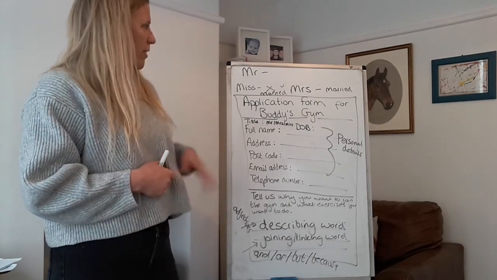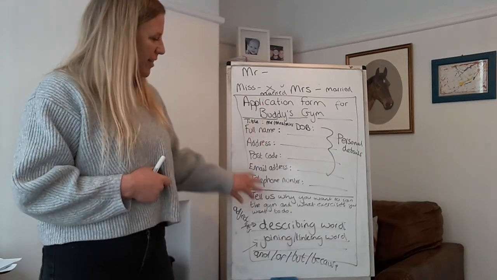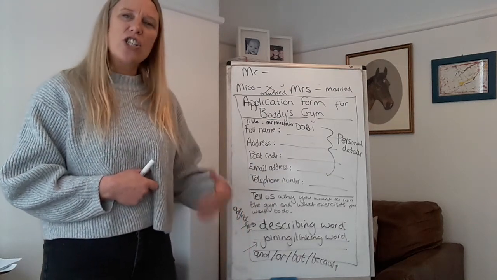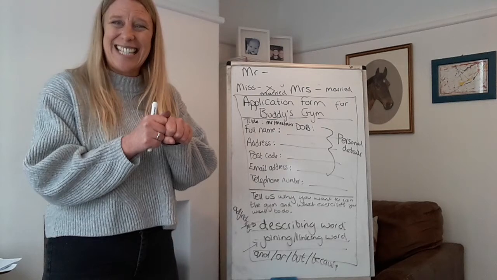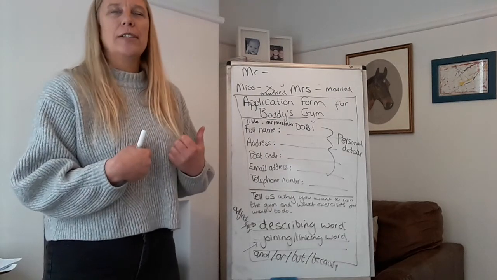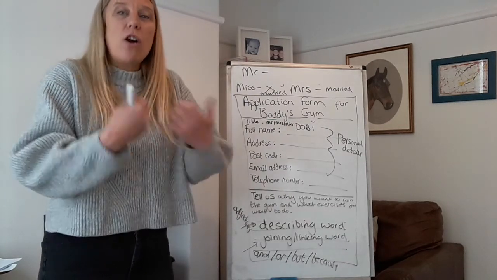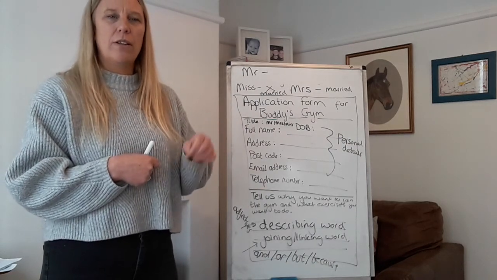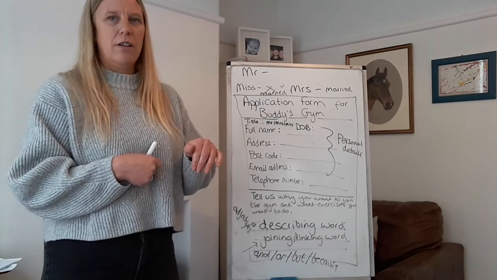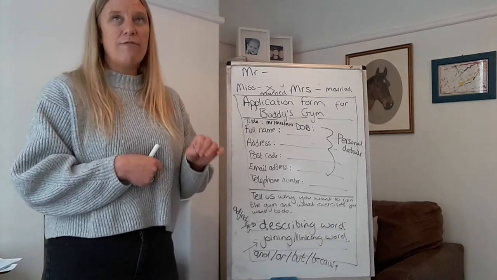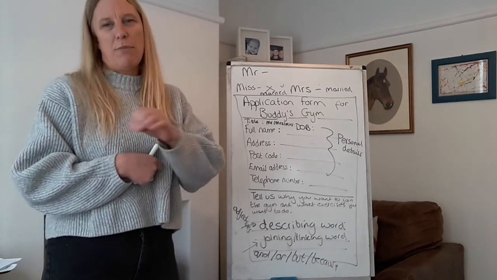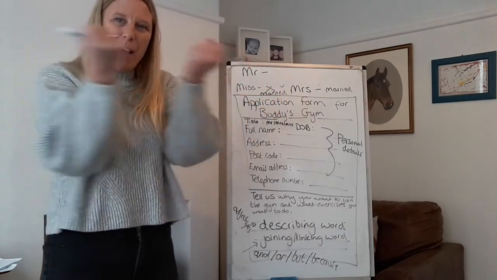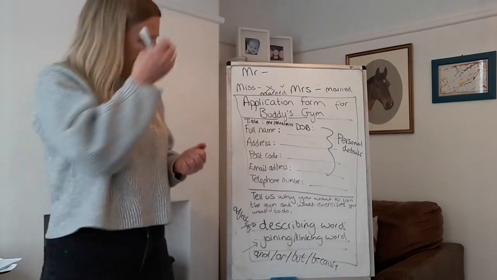So, filling in a form, personal details, some information at the bottom, use describing words, use adjectives, and use joining words to join your sentences together. I want to join the gym because. Okay, rather than I want to join the gym, full stop. I want to lose weight. So rather than two sentences, we make them one using because.